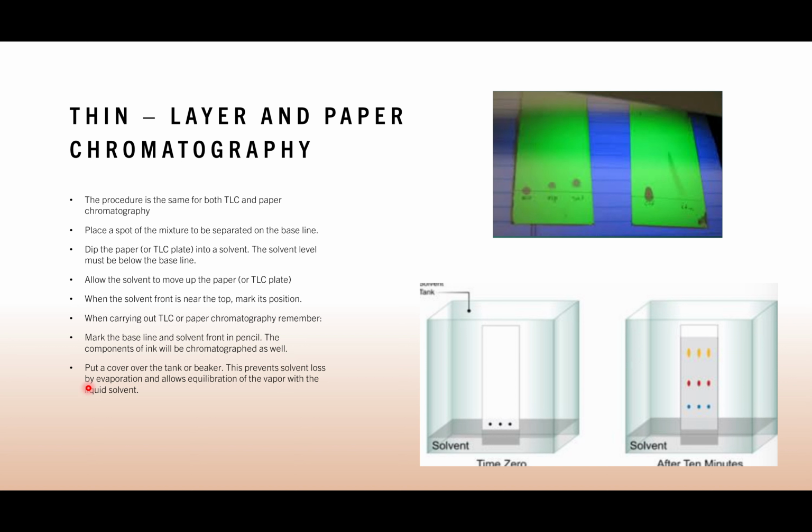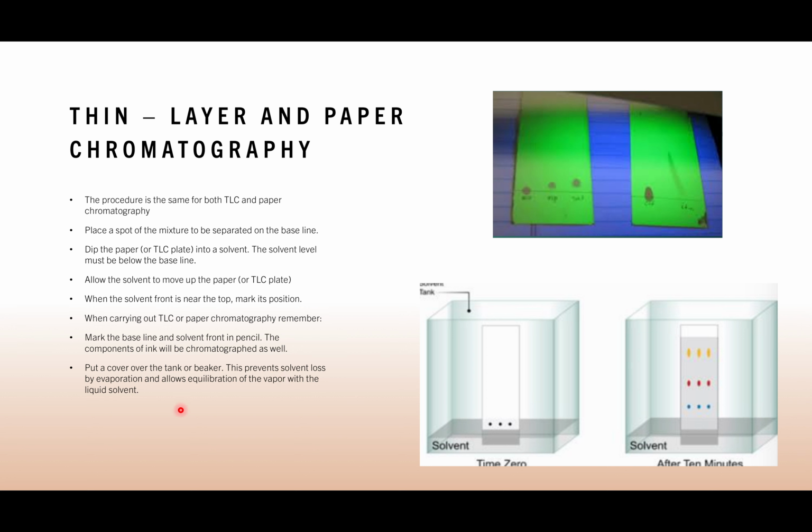Remember to put a cover over the tank or beaker. This prevents solvent loss by evaporation and allows the equilibration, the formation of an equilibrium between the vapor and the liquid solvent.